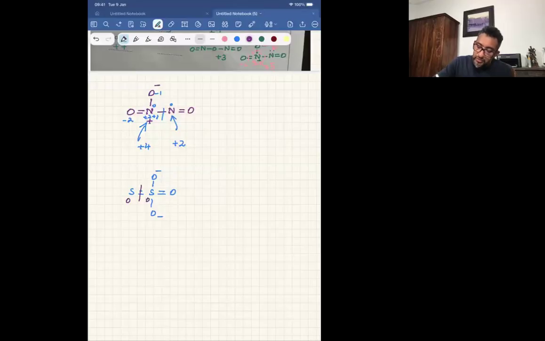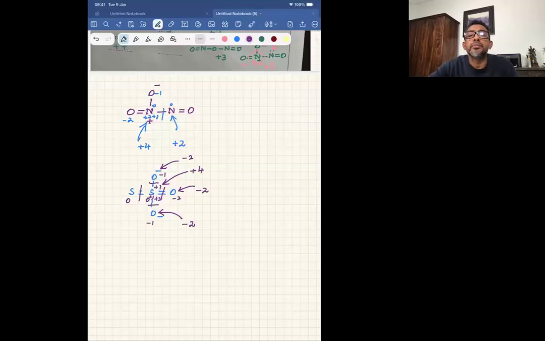This is 0. If you look at this one, this is minus 1, this is plus 1. If you break it, this is minus 2, this is plus 2. If you break it, this is minus 1, this is plus 1. So altogether, this sulfur is plus 4. Each oxygen is minus 2.